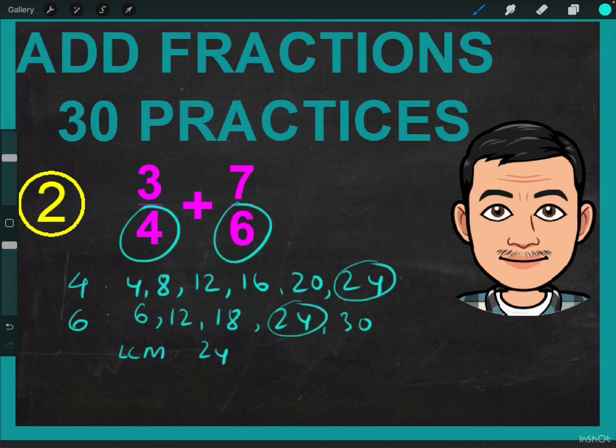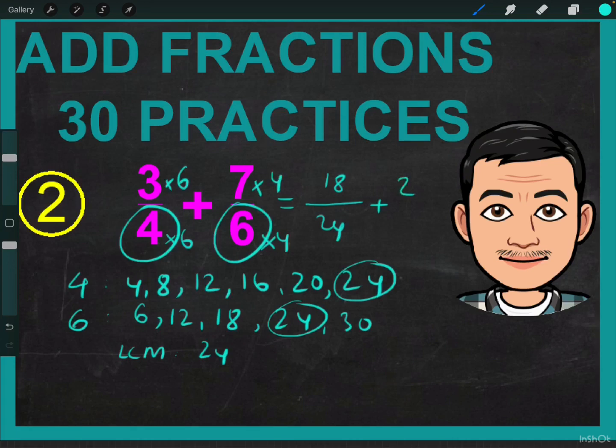From there we convert the fraction 3 over 4, so we multiply 6 to both numerator and denominator. We got 18 over 24, and for the second fraction we multiply 4 to both 6 and 7.